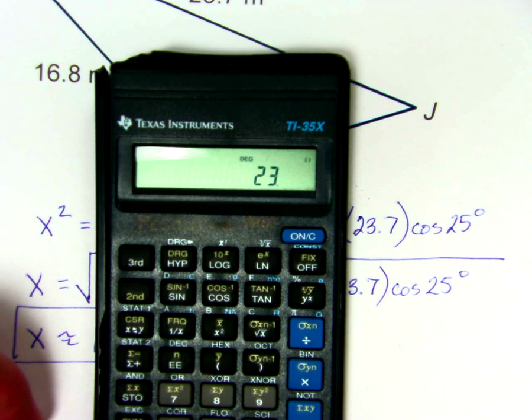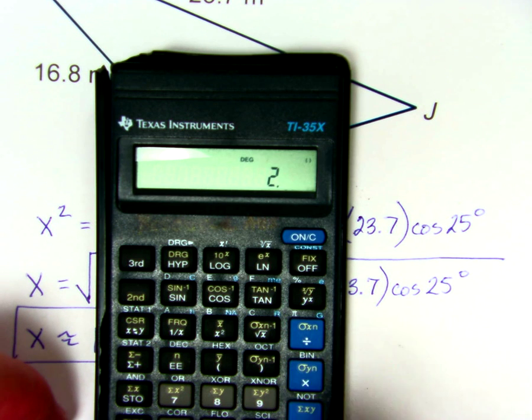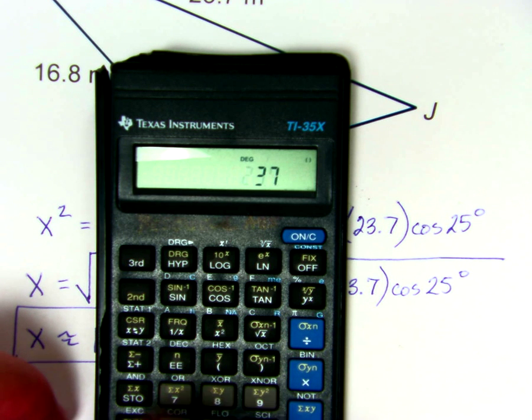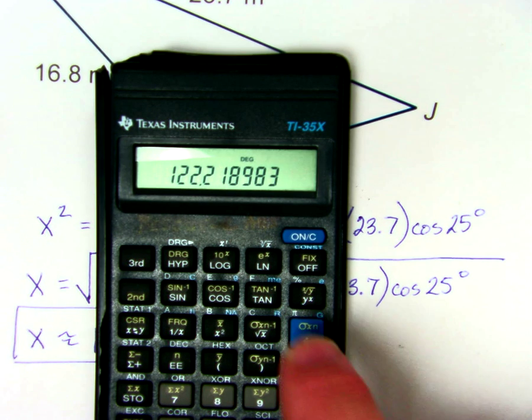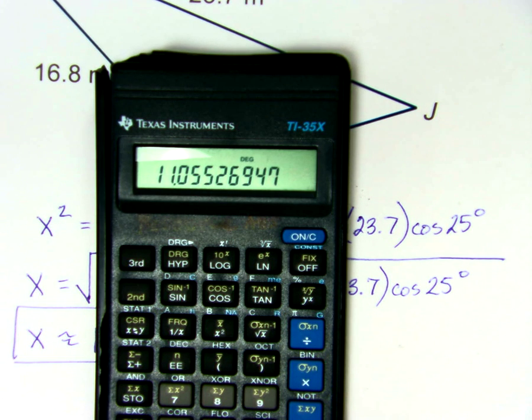Plus 23 7/10 squared minus 2 times 16 8/10 times 23 and 7/10 times, remember to do the cosine of 25 degrees, I have to do the 25, then the cosine. Now I'm going to close off the parentheses. So that's everything that's under the square root. Now do the square root. So the square root on this calculator is actually its own button. Some of them it hits second and then x squared. This one its own button. Up to the nearest tenth, we would again have 11 1/10 approximately.